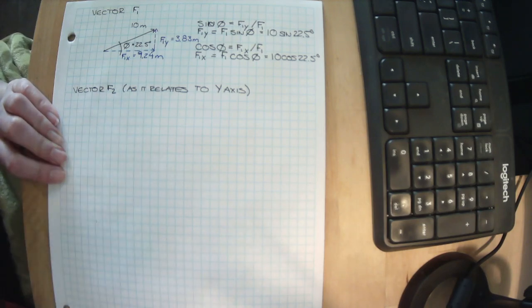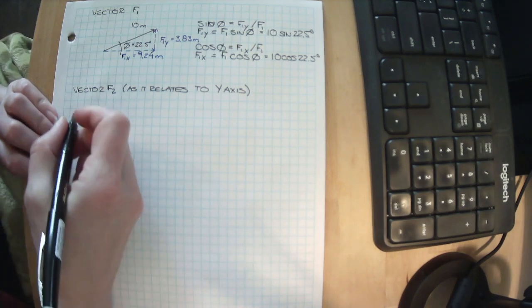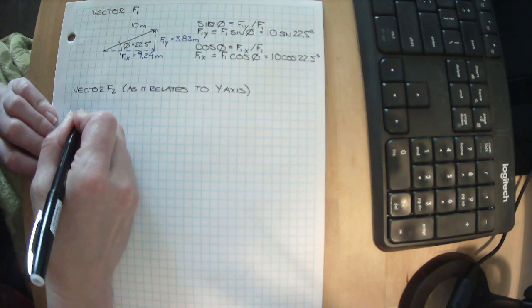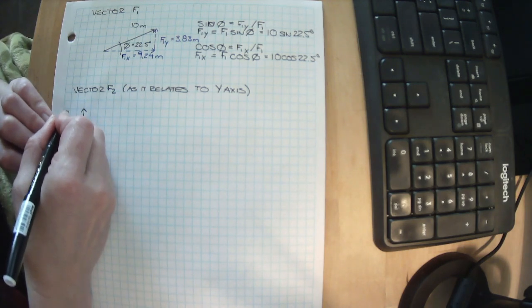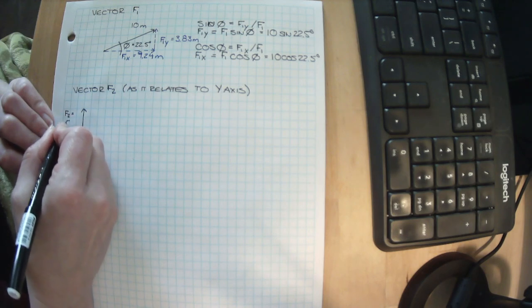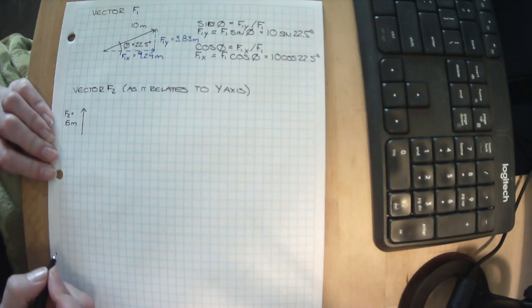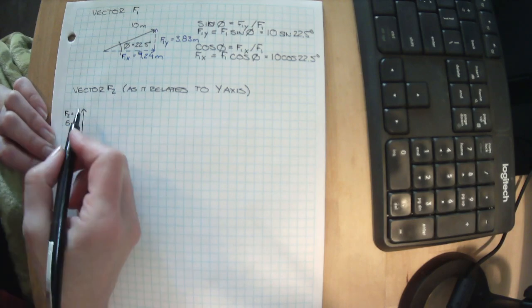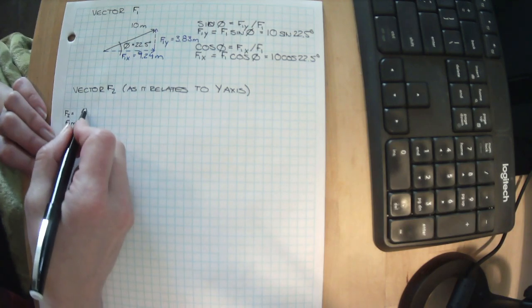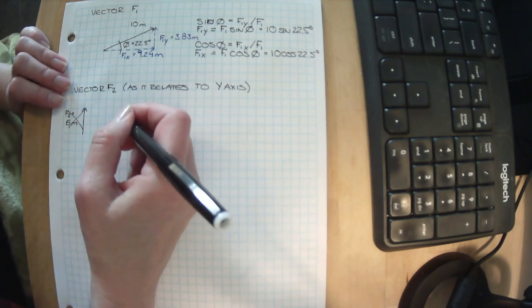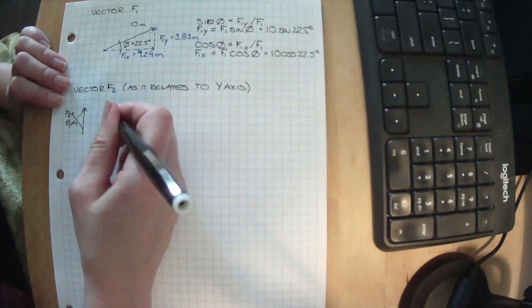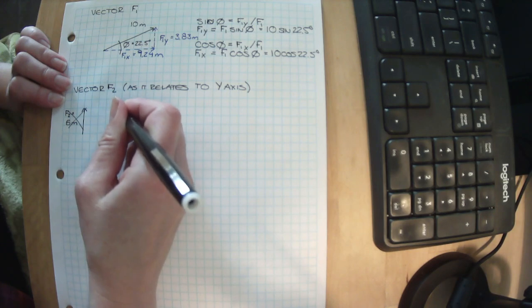So they gave us the value of F2 right here. So that is F2 equals 5 meters. I have drawn this wrong. Don't mind me, sorry. That is our y-axis. They gave us this relative to the y-axis.